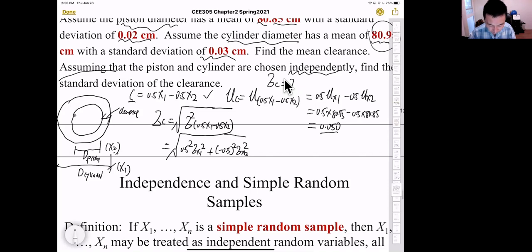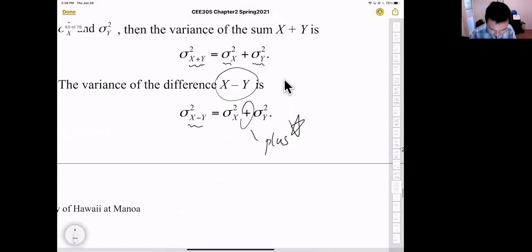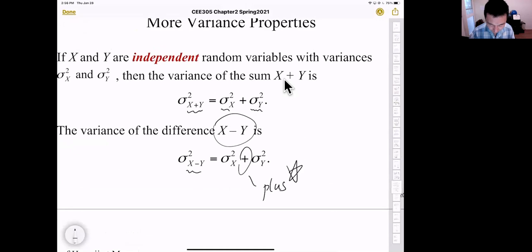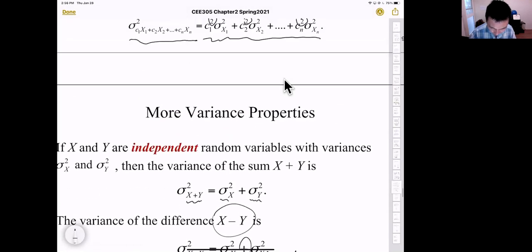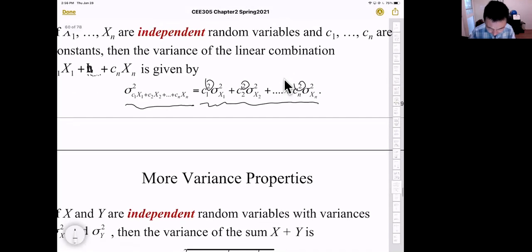Okay, so this is based on this equation.